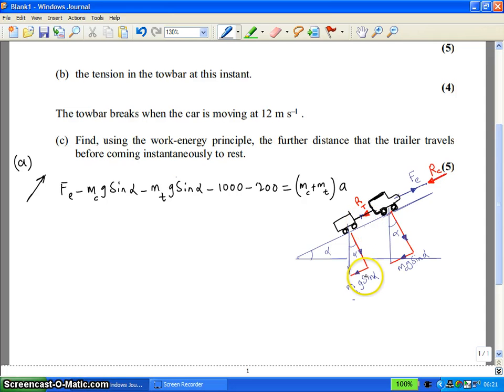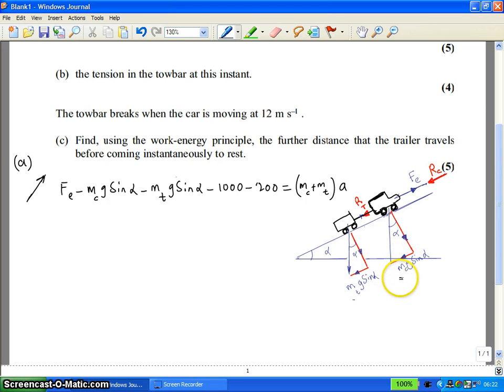The other forces acting on the vehicles are the gravitational forces, which along the direction of motion is mg sine alpha, m of the trolley of course, and similarly mg sine alpha for the car, which are both acting down.